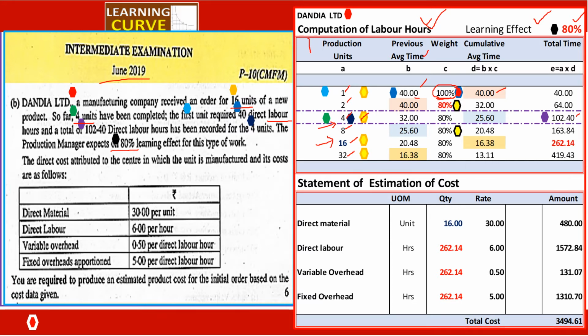The learning effect will take effect, and at each subsequent level, 80%, 80%, 80%, 80%. This logic we have to understand.